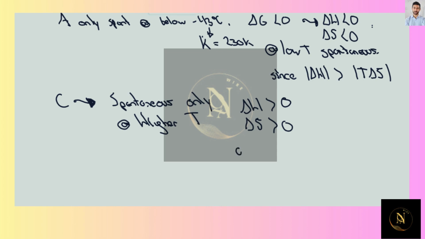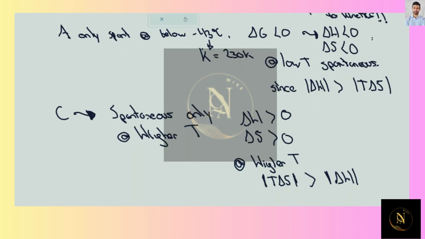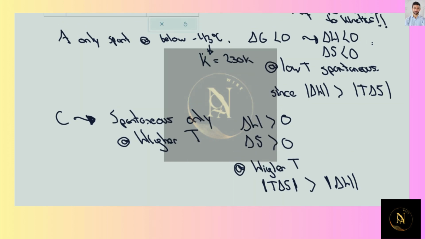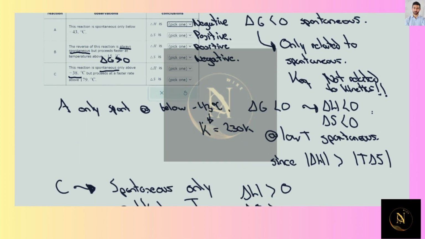Thus, at higher temperature, the contribution corresponding to the absolute value of T delta S is going to become larger than the contribution corresponding to delta H. And to overcome that, the reaction is going to be non-spontaneous at lower temperatures than minus 38 degrees Celsius, this needs to be the proper combination. So delta H is going to be positive, and delta S is going to be positive as well.